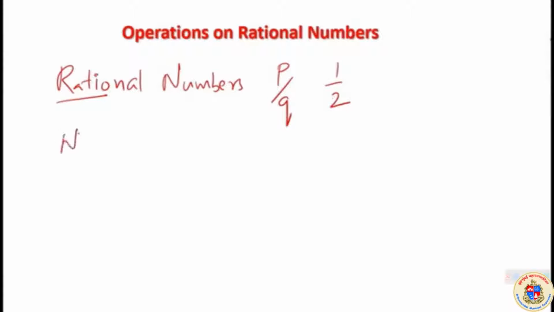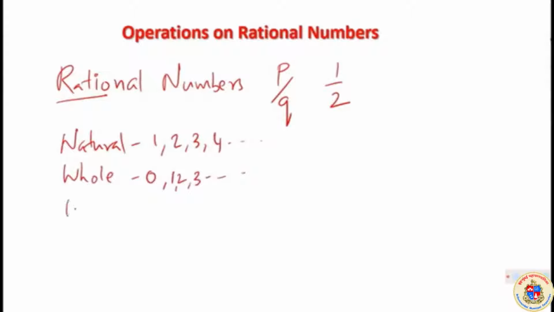You studied about natural numbers, 1, 2, 3, 4, it will go on, and whole numbers where you had 0 at the beginning, then 1, 2, 3 will continue. Then you studied about integers where you had negative numbers like negative 3, negative 2, negative 1, 0, then 1, 2, 3, 4. Here also it goes ahead.